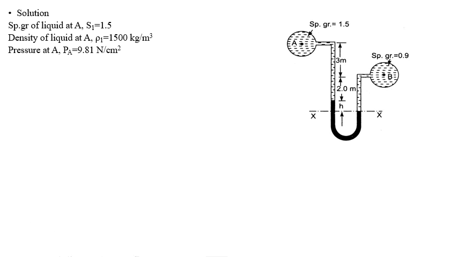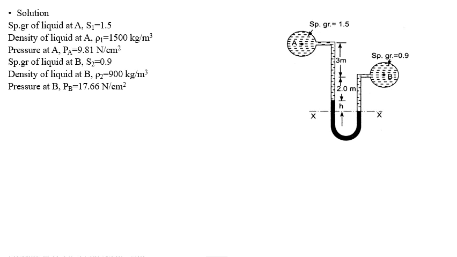Then the pressure at point A is given: P of A is equal to 9.81 Newton per centimeter square. Specific gravity of the liquid at pipe B, that is S2, is equal to 0.9. So the density of the liquid at B, ρ2, is once again 0.9 into 1000, that is equal to 900 kg per meter cube.